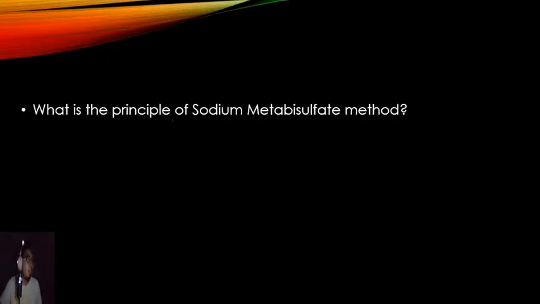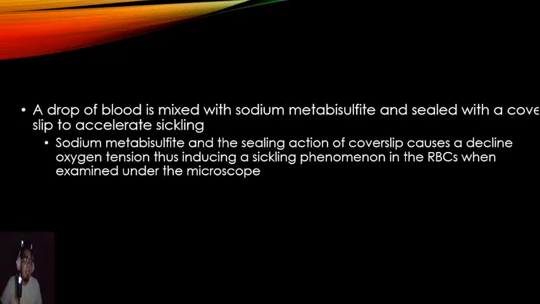Another thing that you can encounter in the laboratory is the sodium metabisulfate method. Now, this method mixes blood with sodium metabisulfate, and the blood drop is sealed and covered with a cover slip to accelerate the sickling process.